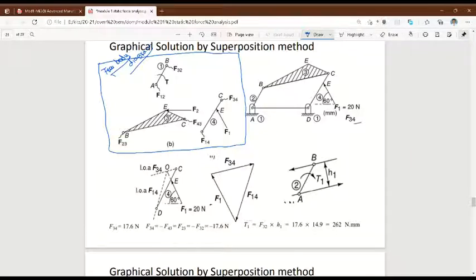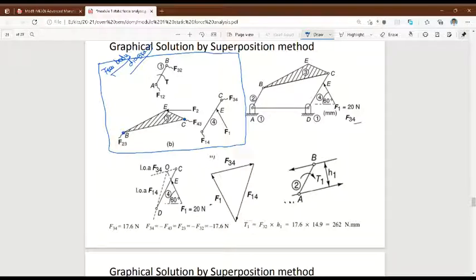Now we are going to start. First, let us consider or assume no forces on BC.